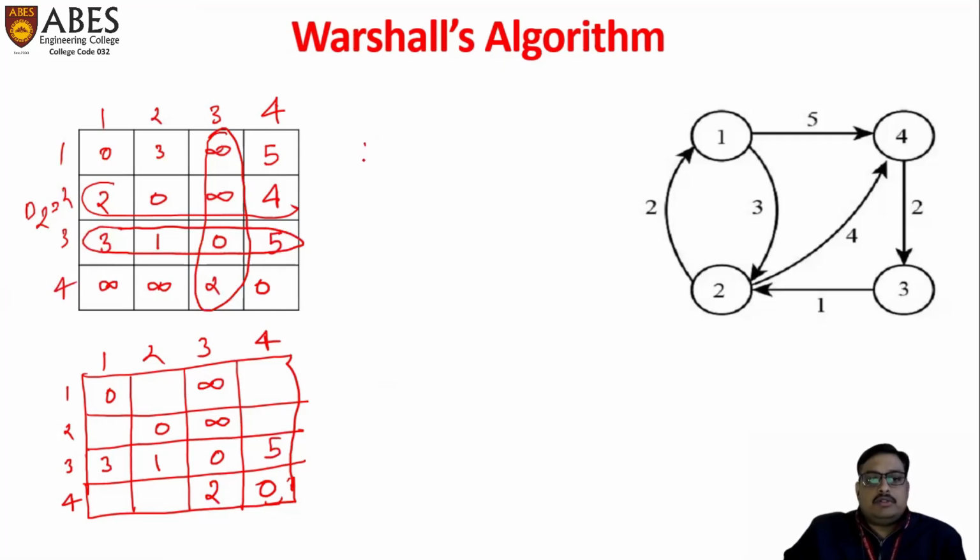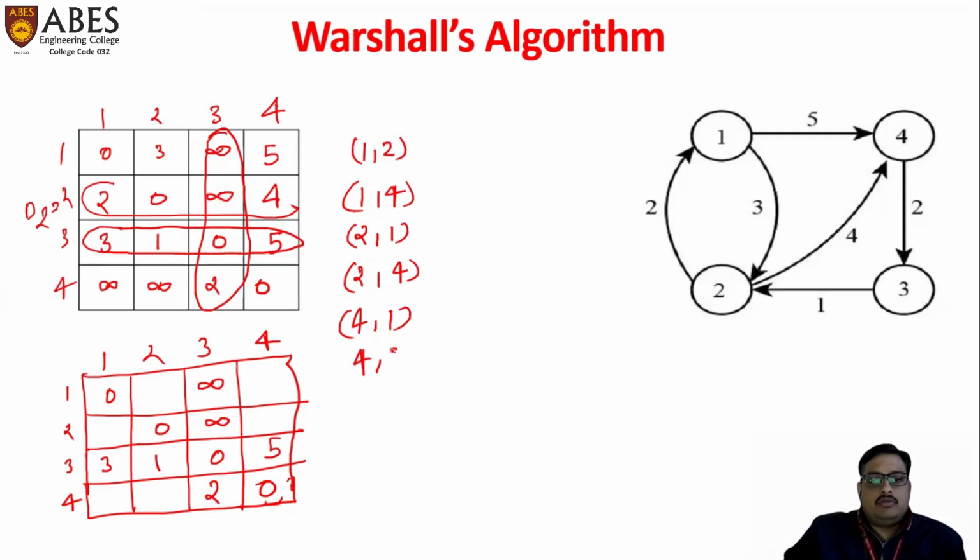Let us calculate these values: 1,2; 1,4; 2,1; 2,4; 4,1; and 4,2. If we are taking 1,2, it means we will consider 3 as the intermediate vertex.